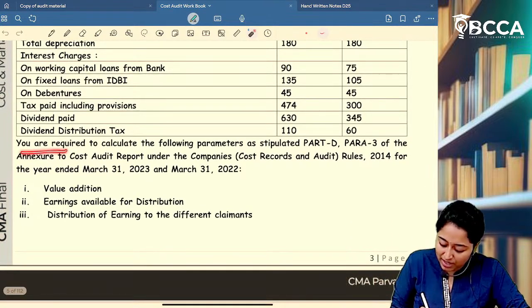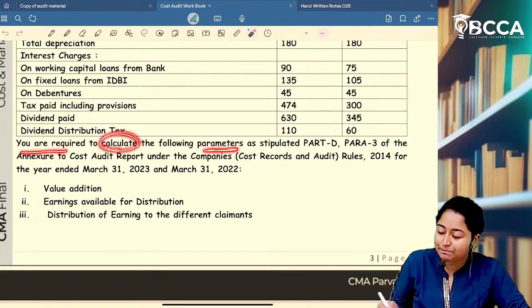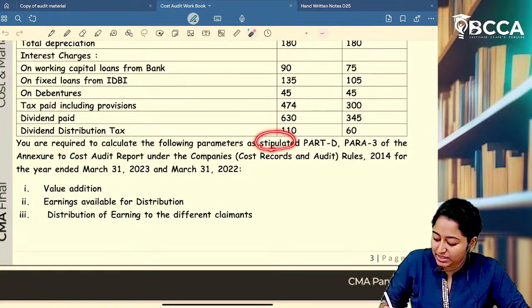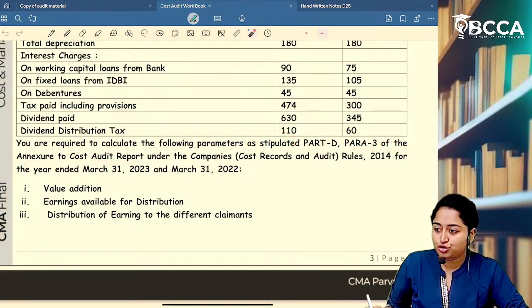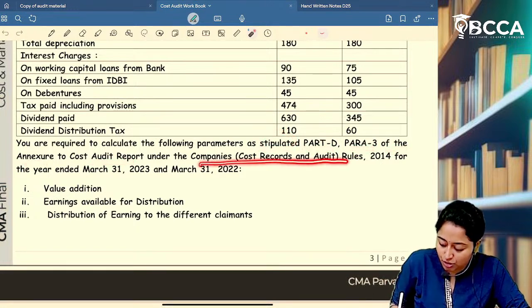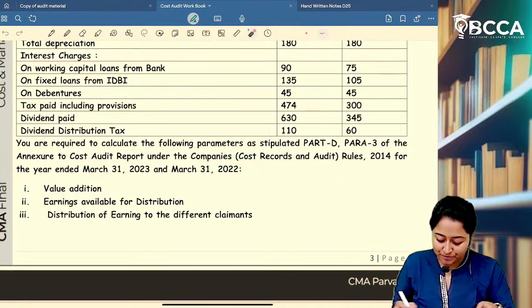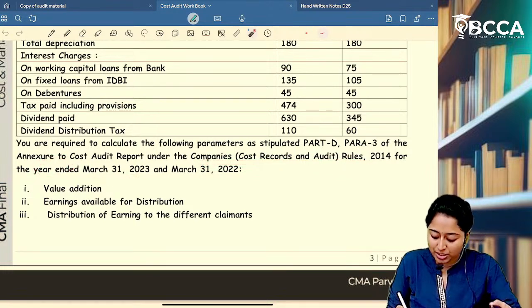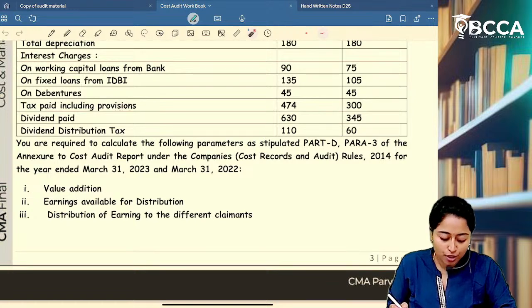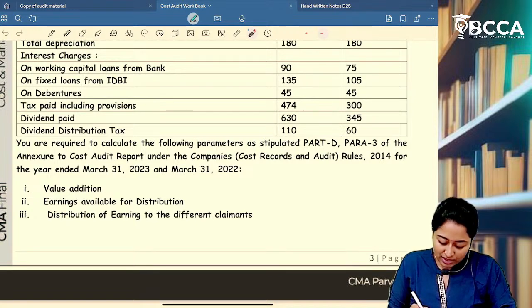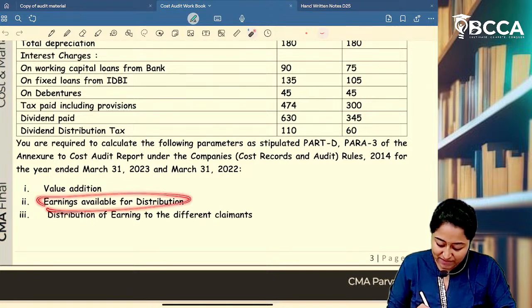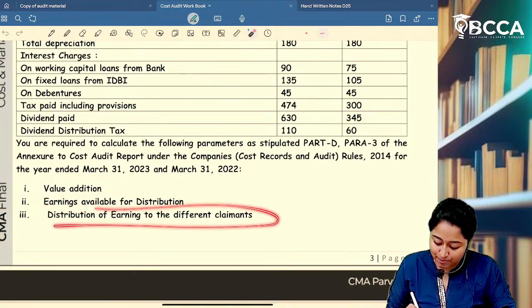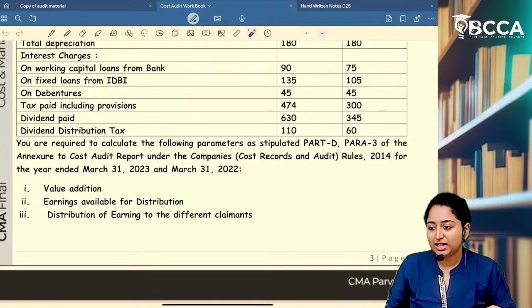Now, you are required to calculate the following parameters as stipulated in part D, para 3 of the annexure to the cost audit report under the Company's Cost Records and Audit Rules 2014 for the year ended March 31st, 2023 and March 31st, 2022. They have asked us to calculate value addition, then earnings available for distribution, and then distribution of earnings to different claimants.